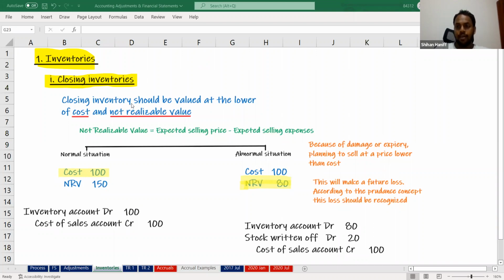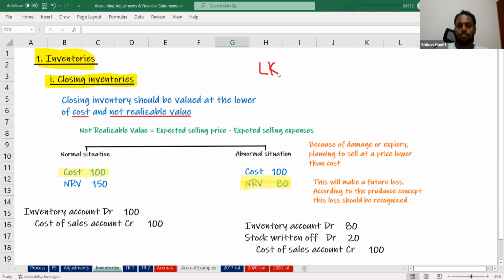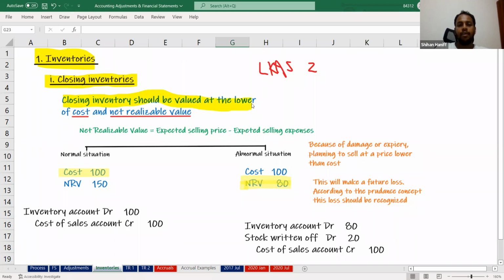According to the standard LKS 2, the standard related to inventory, the closing inventory should be valued at the lower of cost and net realizable value.